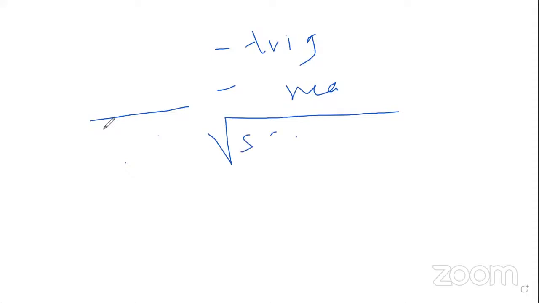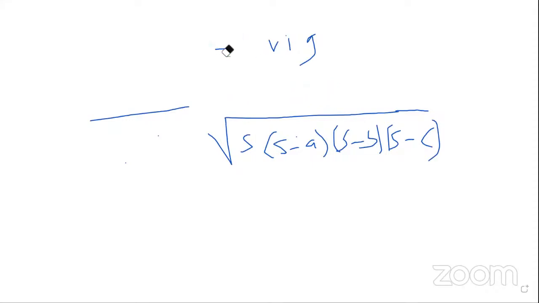That the area will be obtained by getting what? S. Then we have S into S minus A, then we have S minus B, we have S minus C. Now, Christian, what is A, B, C? Or somebody else, what do you understand by A, B, and C? A, B, and C are the sides of the triangle.